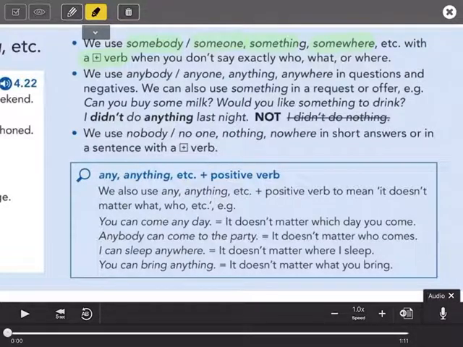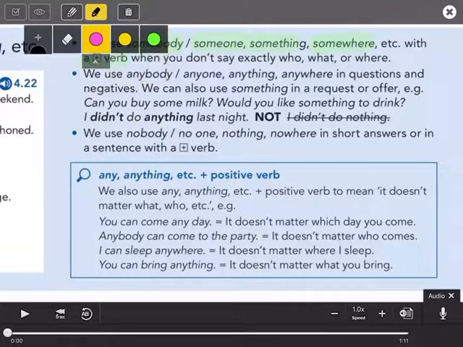Somebody is coming. ¿Quién es? No lo sabemos. Alguien, ¿no? I need something. Pues necesito algo. No sabemos exactamente qué es, pero sea algo, ¿no? And somewhere es algún lugar o algún sitio, ¿no? So we use the ones which are some for affirmative sentences.